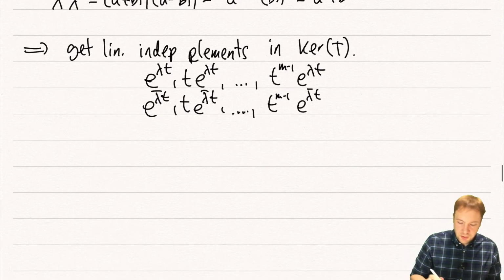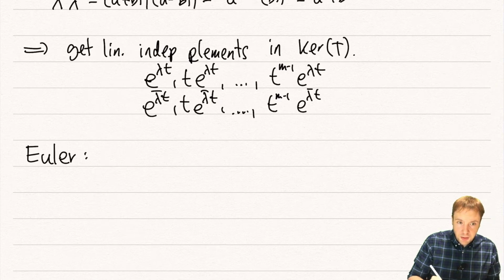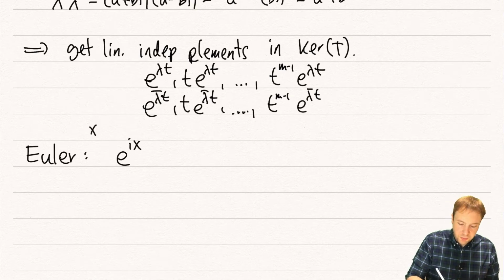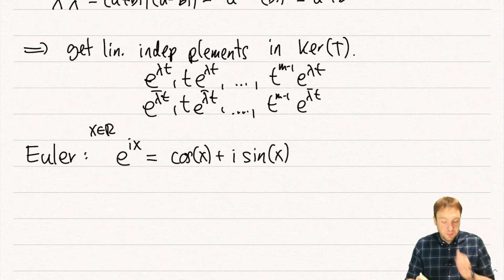And for this we use the following formula, which is due to Leonhard Euler, which states that in general, if I take e^(ix), where x is now a real number, then this is cosine of x plus i times the sine of x.